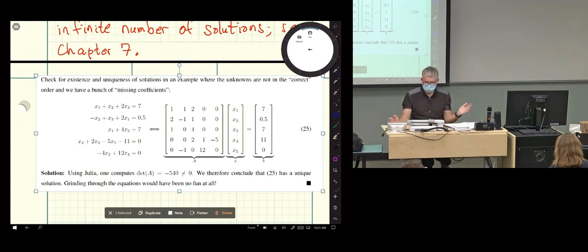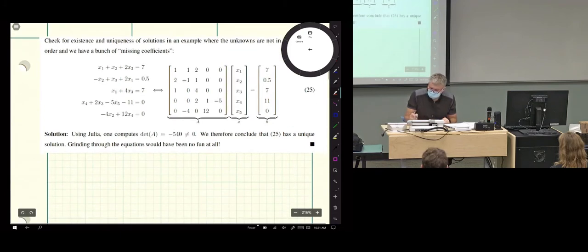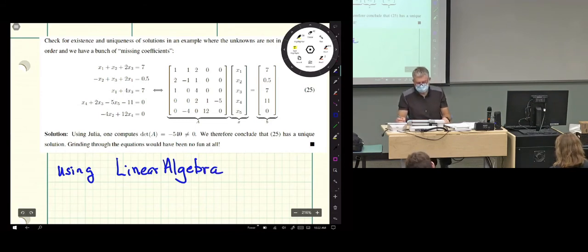How would you determine if there's a solution or no solution or an infinite number of solutions? Well, the first thing you do is you calculate the determinant. And in Julia, once you say using LinearAlgebra, and you have to spell it out, I believe it's case sensitive, the package name, but that's how you do it in Julia.